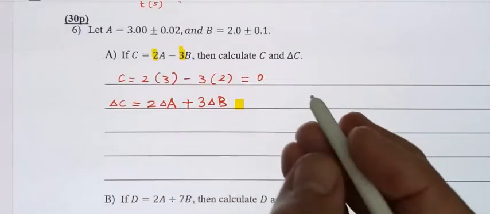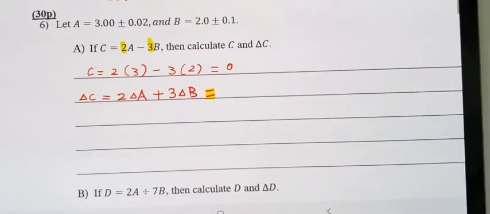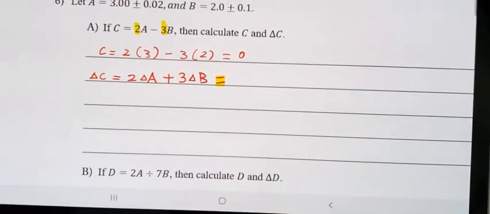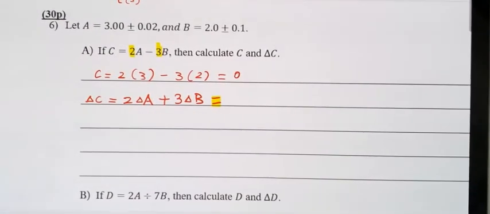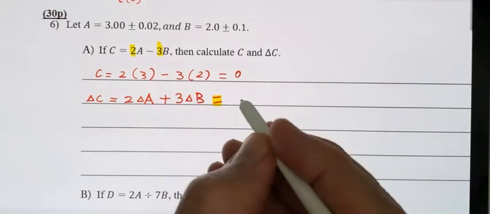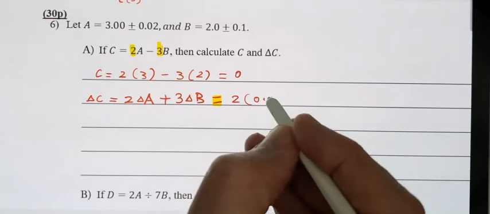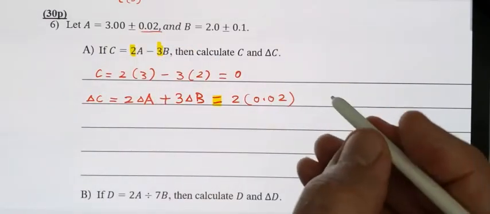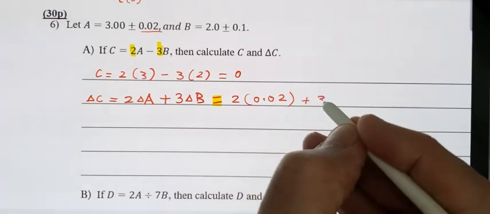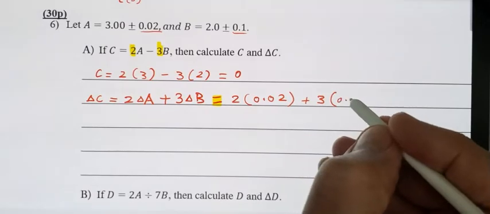So, what's the answer? What's the answer? 2 multiplied by the error of A, which is this, plus 3 multiplied by the error of B, 0.1.